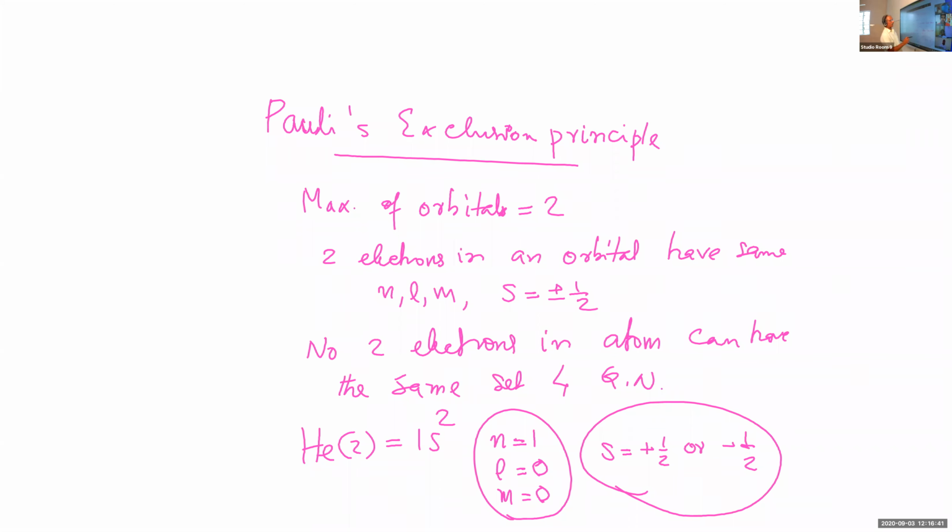Second electron: n is 1, l is 0, m is 0, s is minus half. So the first three quantum numbers, principal, azimuthal and magnetic, are the same, but the spin quantum numbers are different, plus half and minus half.